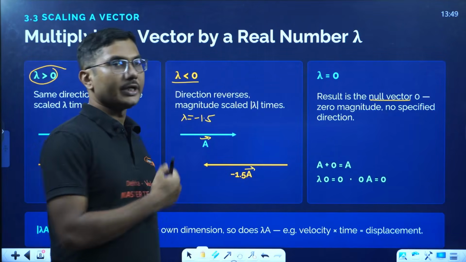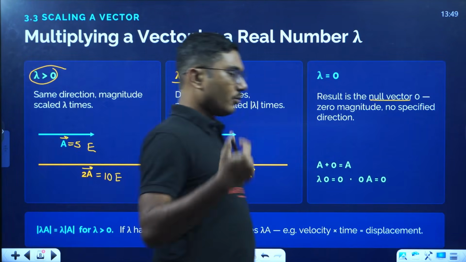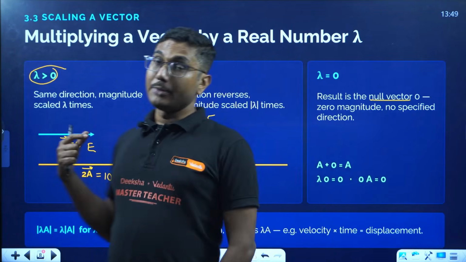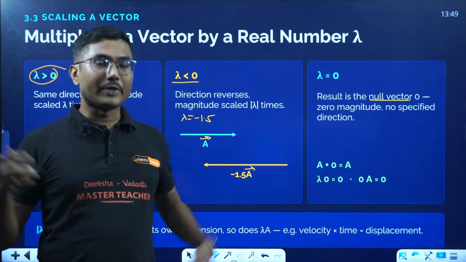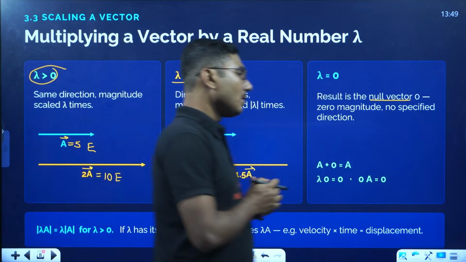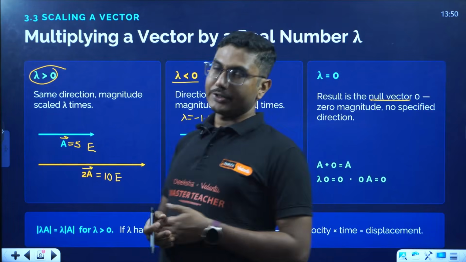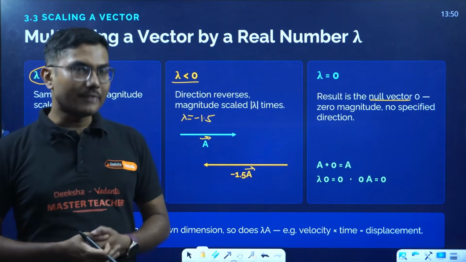In vector geometry, the 0 vector plays a very important role, because in many cases when two vectors are added or subtracted, we are supposed to get some value along with direction, and the final result has to be a vector quantity.